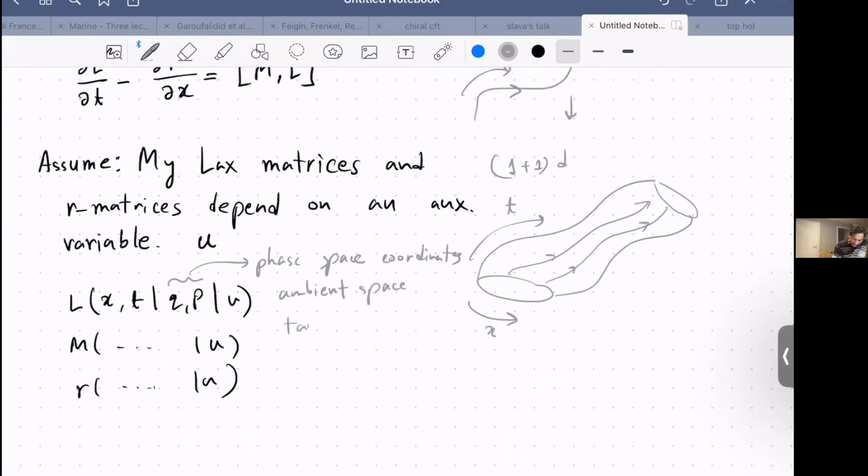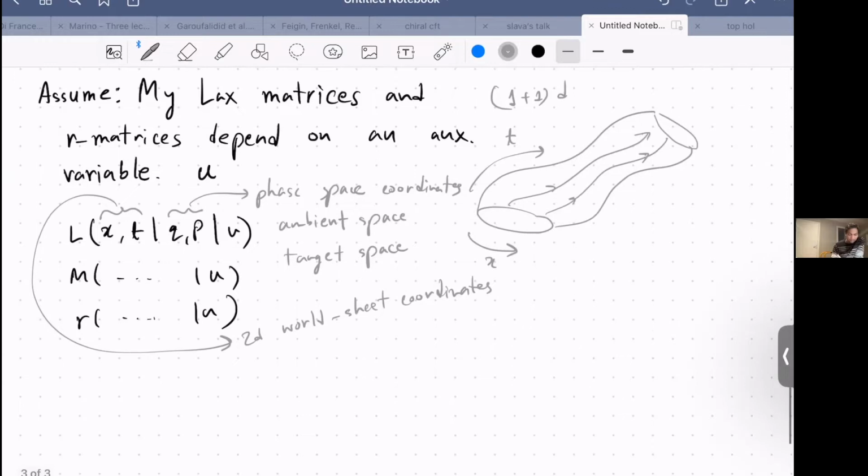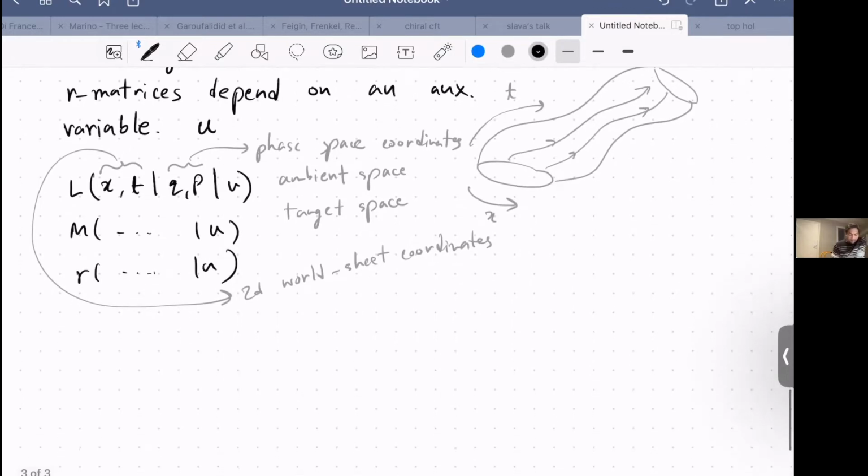They're also called target space. And these are my 2D worldsheet coordinates.